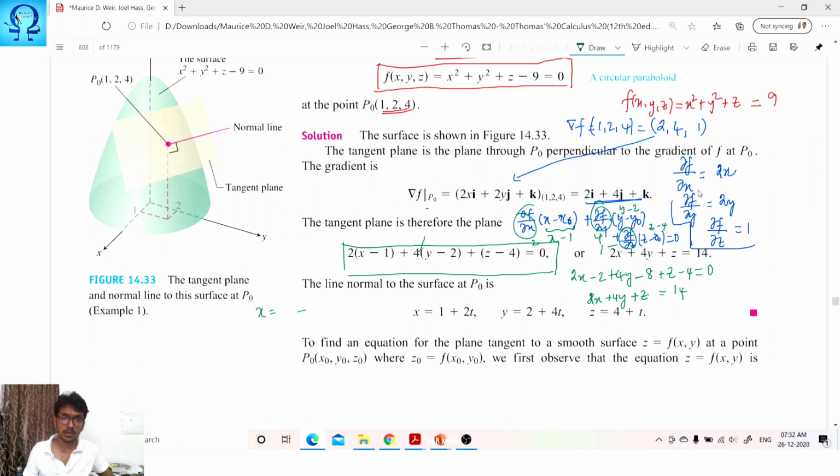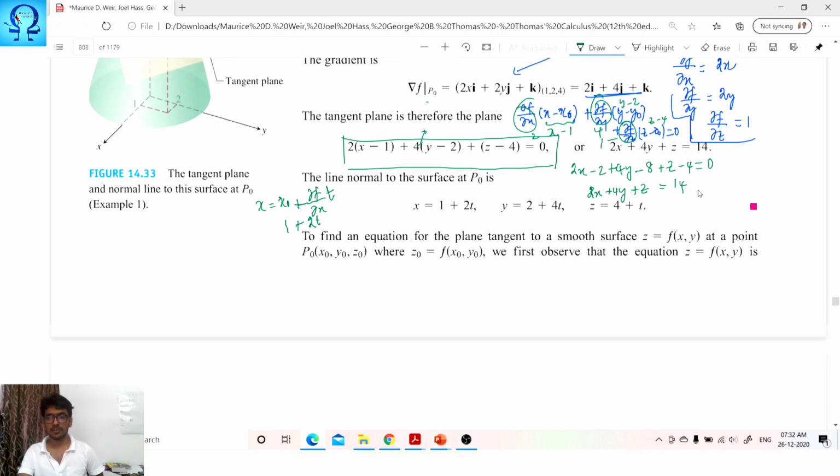So your x naught value is 1 and this is 2 times t. In a similar way, your y is 2 plus 2 times 4 times t, and then z is 4 plus 1 times t.